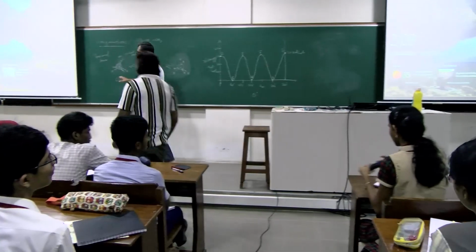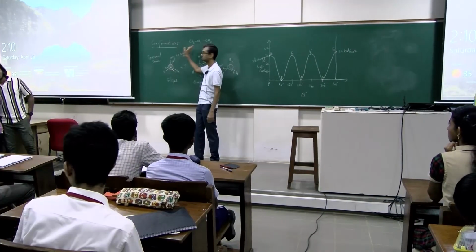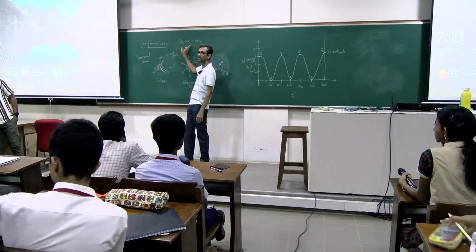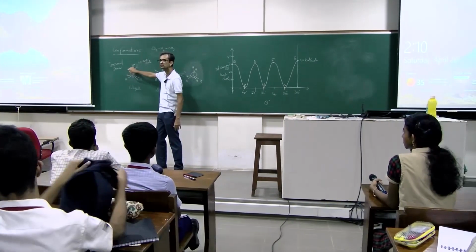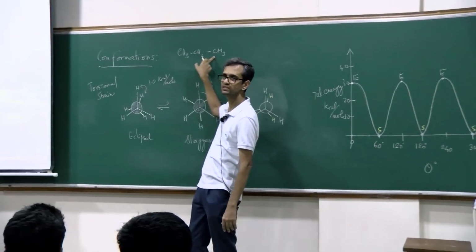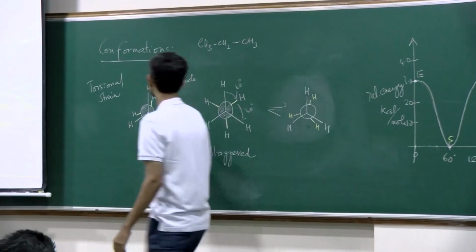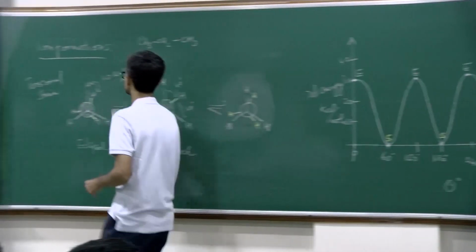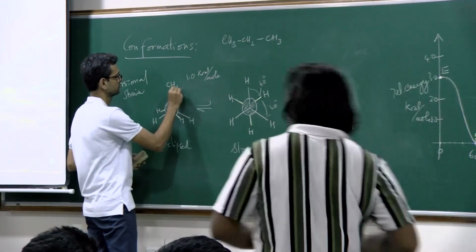So if you want to compare this structure with this structure, what this structure represents is that one of the hydrogens is now substituted with the methyl. So we can rewrite this structure; I am doing a simple small modification.